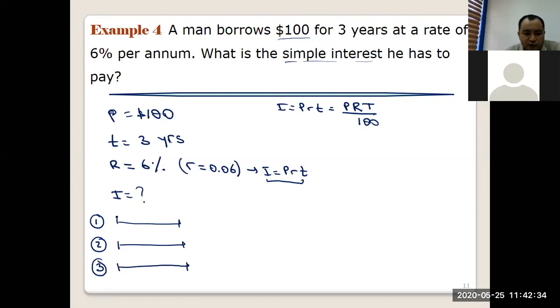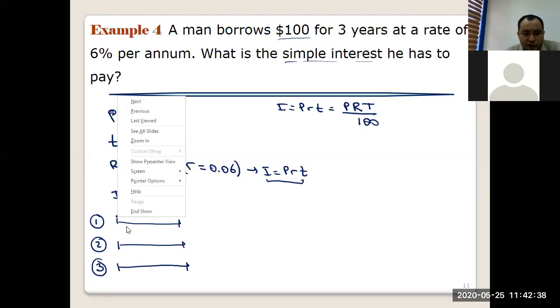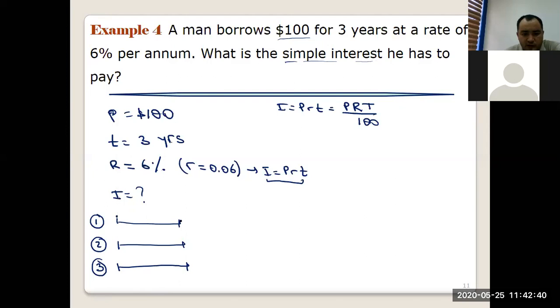And you borrow the money on these dates. So you use this for 1 year. Now at the end of the first year, the bank calculates, okay, this guy borrowed $100 from me. So 1 year is over. Now for the use of this money, he has to pay 6% of this 100 to the bank, because you're using the bank's money. How much is it? It is 0.06 times 100.